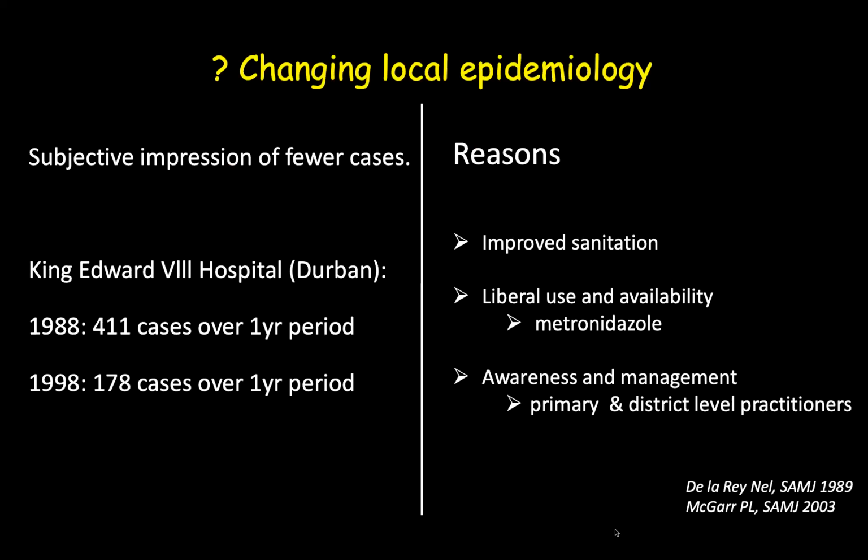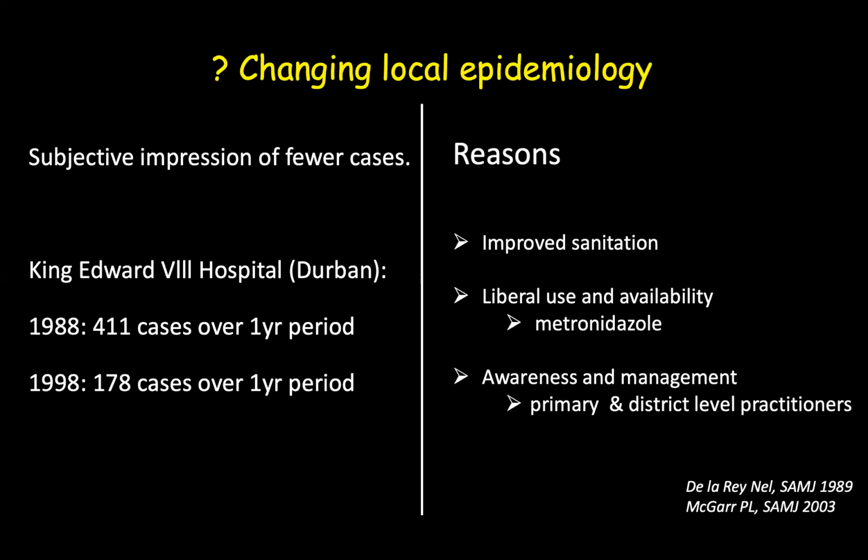That was back in 2003. But the bottom line is that amoebic liver abscesses are getting less common. They're still relatively frequently seen in endemic areas. And again, we probably see 3 or 4 a year in Cape Town, and maybe Ed can update us as to how many he's seen since he moved here a few years ago.